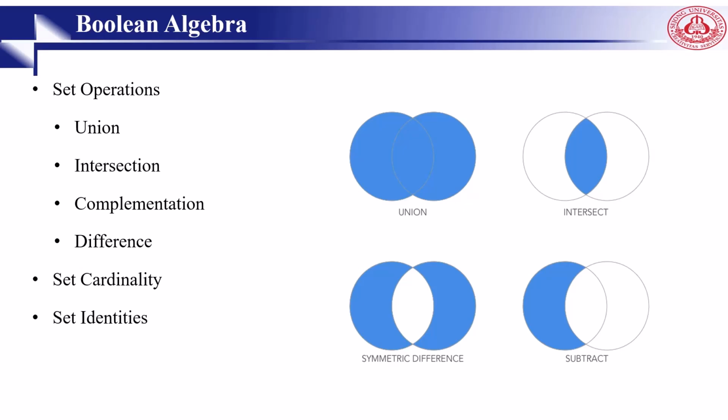Propositional calculus and set theory are instances of an algebraic system, which we call Boolean algebra. The operators in set theory are analogous to the corresponding operators in propositional calculus.